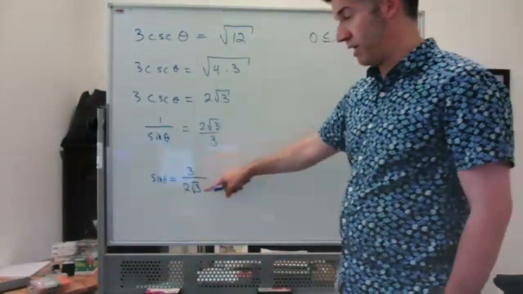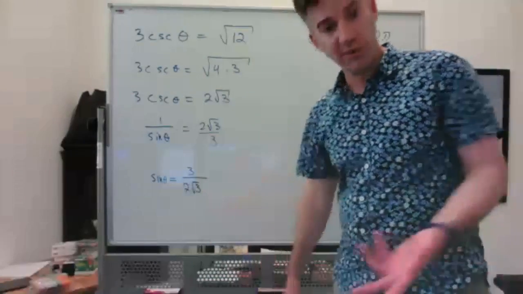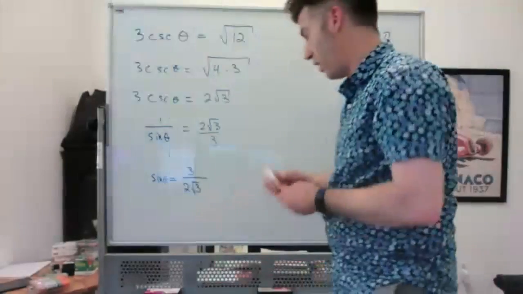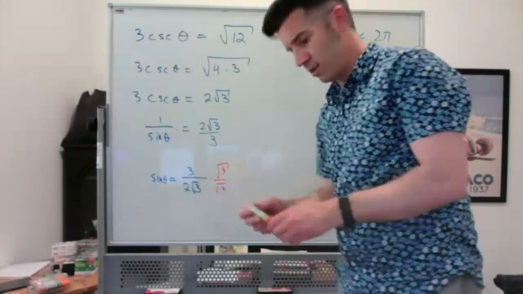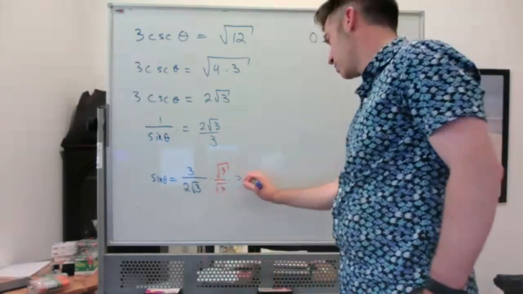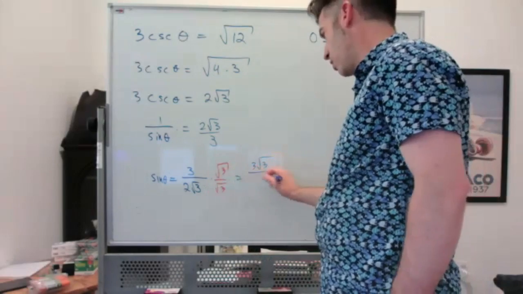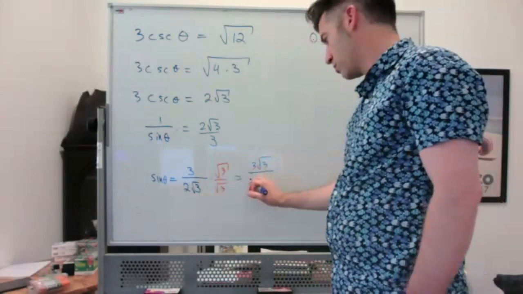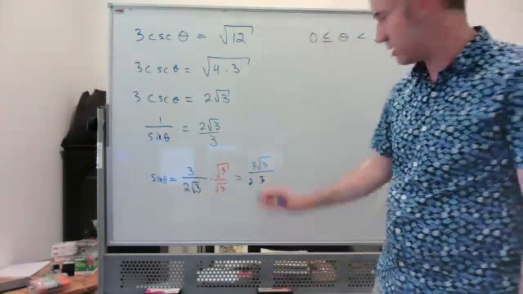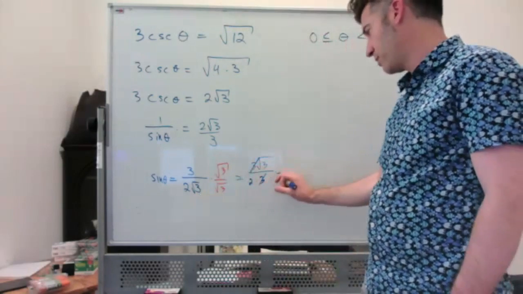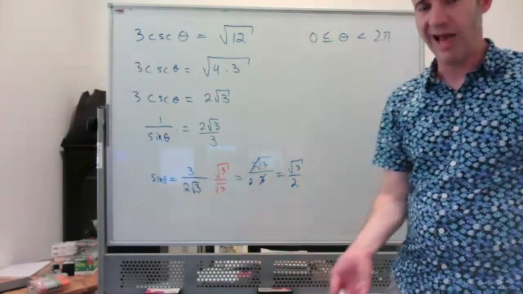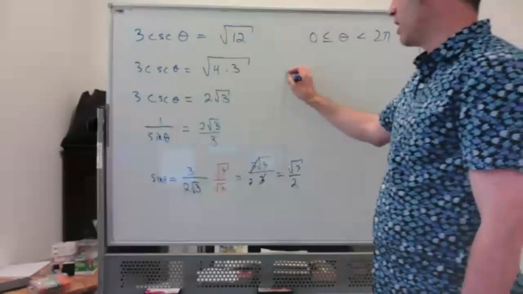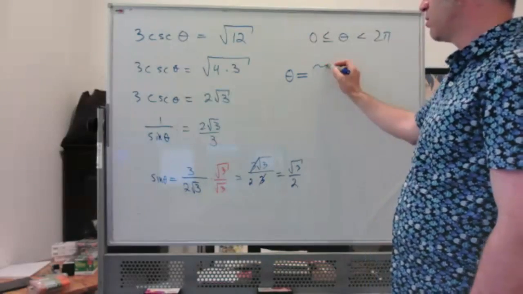Then you can either just say 3 divided by the square root of 3 is the square root of 3, or if you don't like that, you can rationalize and multiply both the top and bottom by the square root of 3, which gives you 3 root 3 over 2 times 3. And yes, 2 times 3 is 6, but I'd rather just cancel the 3 there and the 3 there and get the square root of 3 over 2. I know where sine is equal to square root of 3 over 2. The angle in the first quadrant is pi over 3.